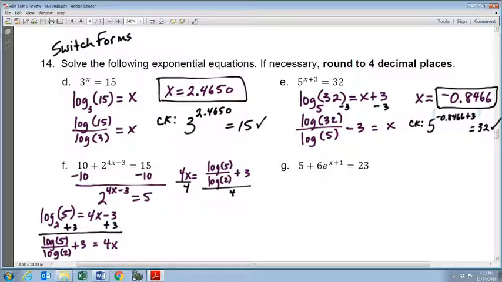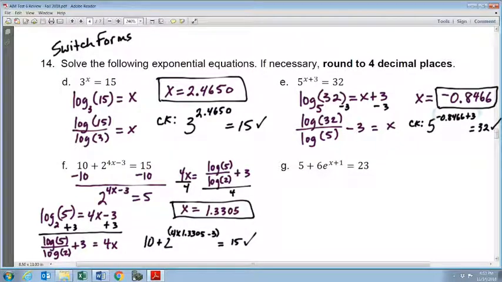The main thing is do log of 5 divide log of 2 plus 3 and hit enter. Make sure you hit enter because you want all that added first, and then you'll divide by 4 and you get 1.3305. So we can check this. It'll look like that. When you put that in, you should get 15, and you should see that it does work out.